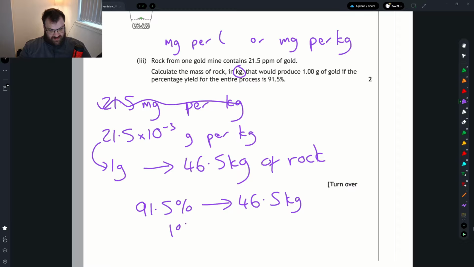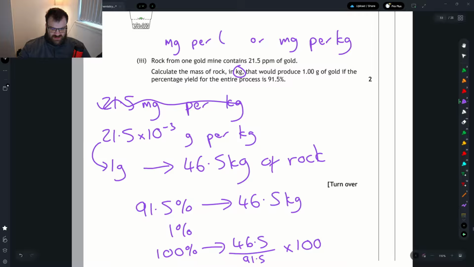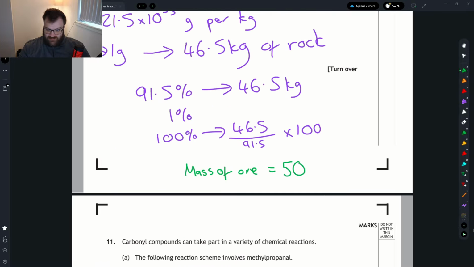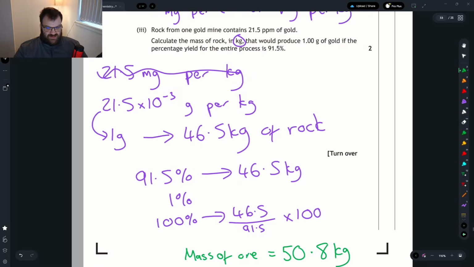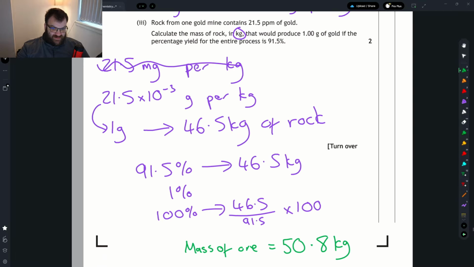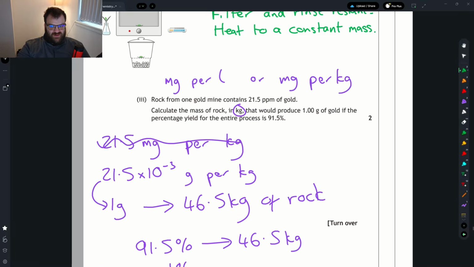Just rinse and repeat. We're going to divide by 91.5, then times by 100. So we're going to do that to the 46.5, divide by 91.5, times by 100. That gives 50.8 kilograms. Could have done some of the steps in a different order, but that's what we need to do.